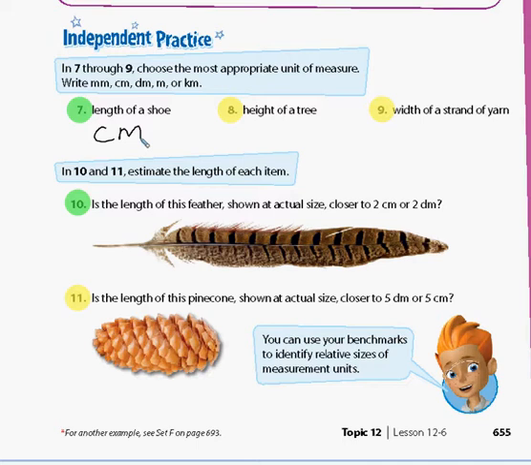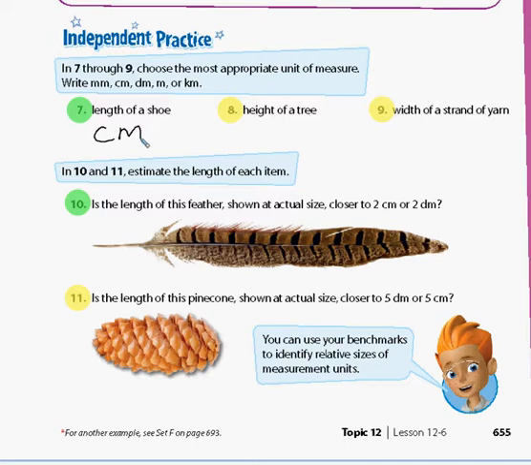Okay. On question 10 and 11, estimate the length of each item. Is the length of this feather shown at actual size closer to 2 centimeters or 2 decimeters? Okay, 1 centimeter is the width of your pinky fingernail, so it's definitely longer than that.